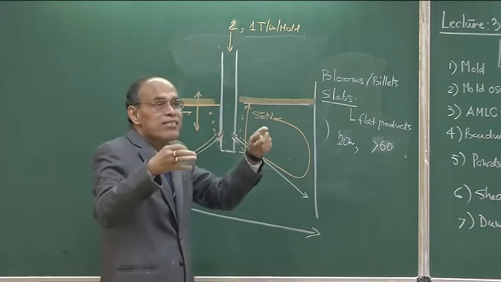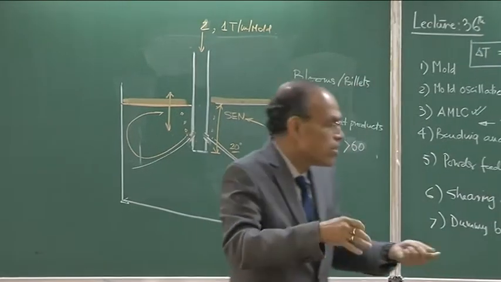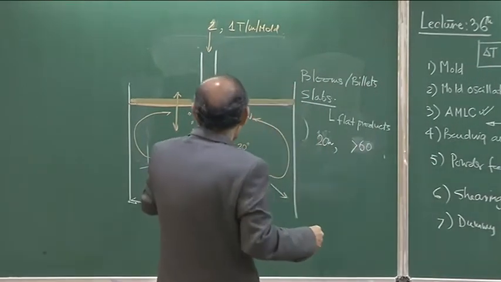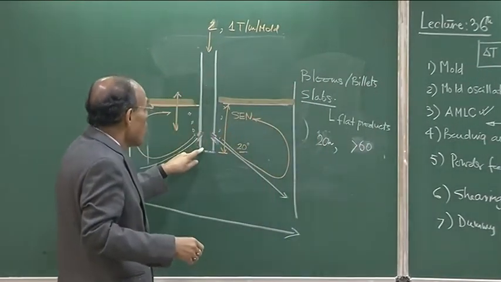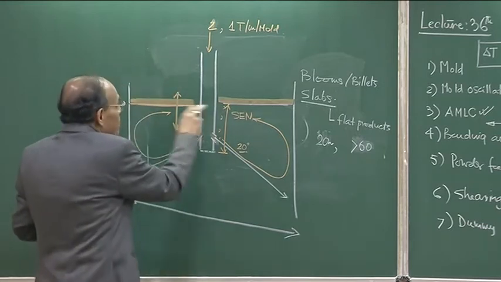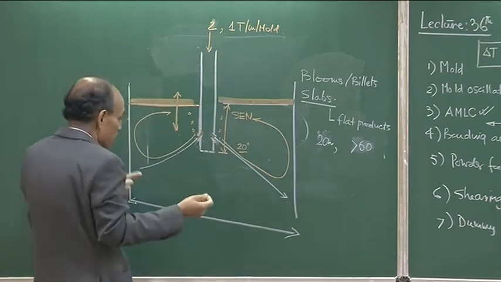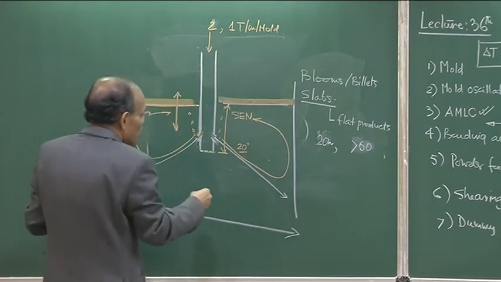ACNs are ordered by the steel maker from the refractory industries on a bulk basis, so you cannot change ACN designs on a daily basis or even on a monthly basis. These are fixed, but the meniscus level you can adjust. You can bring it down or take it up, and decide depending on your casting speed and operating conditions.